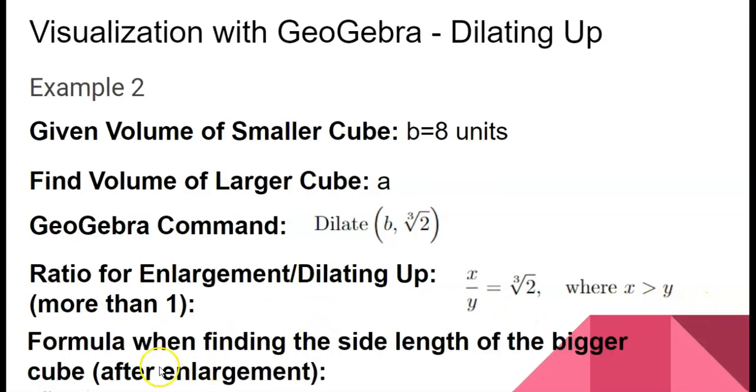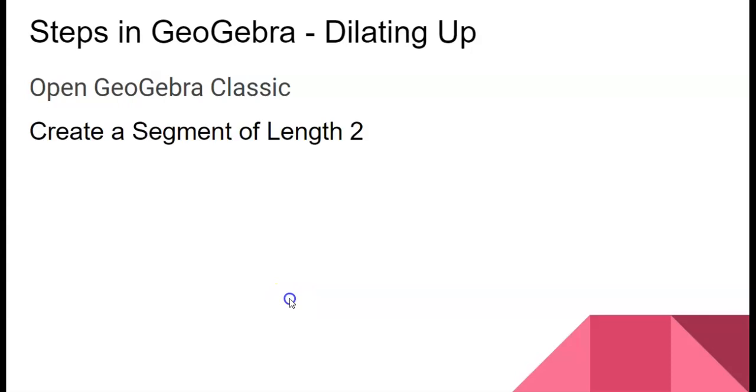And of course, the formula when finding the side length of the bigger cube after enlargement will be x is equal to y times cube root of 2. So y, the side length of the smaller cube, times cube root of 2, the scaling factor. So here are the steps of the GeoGebra construction.